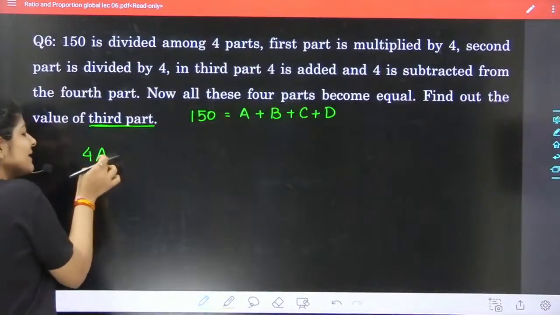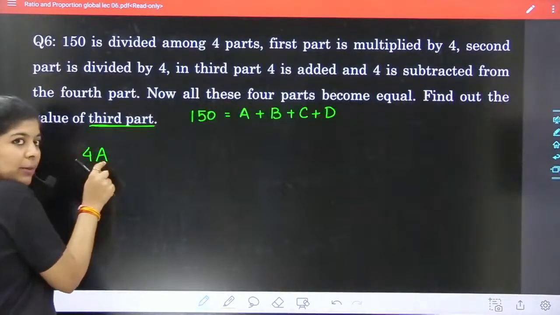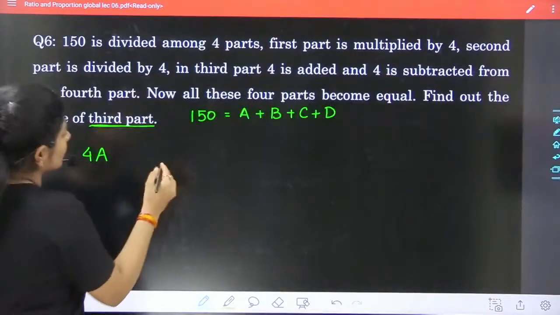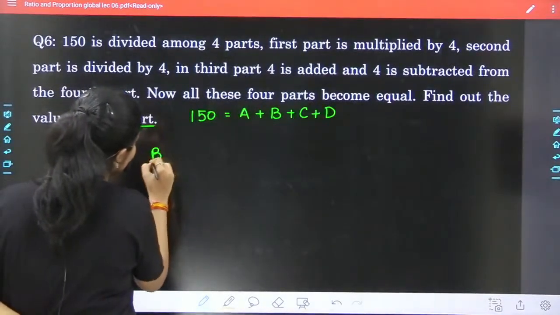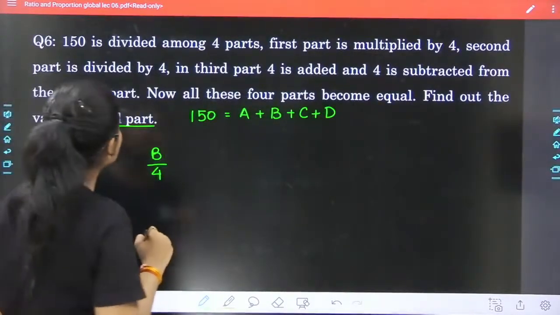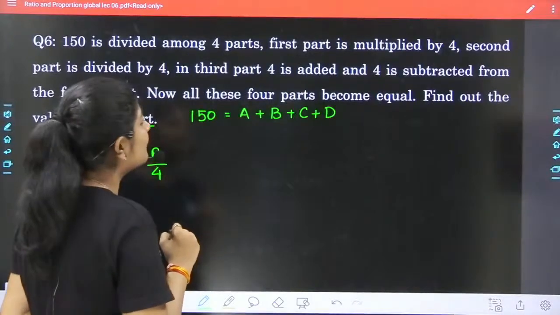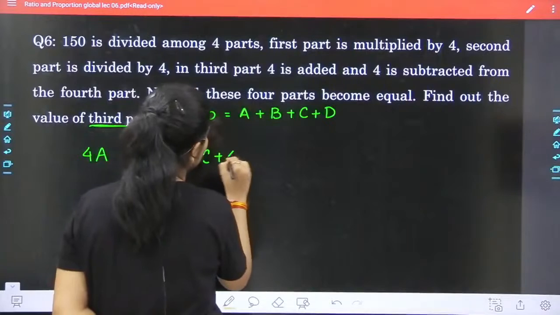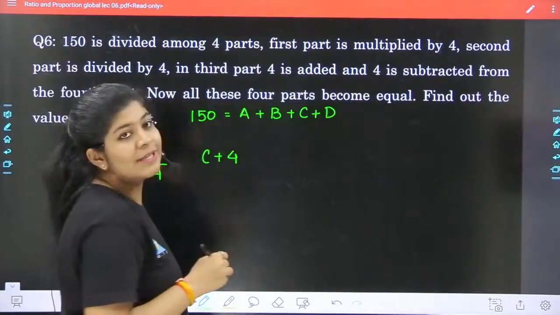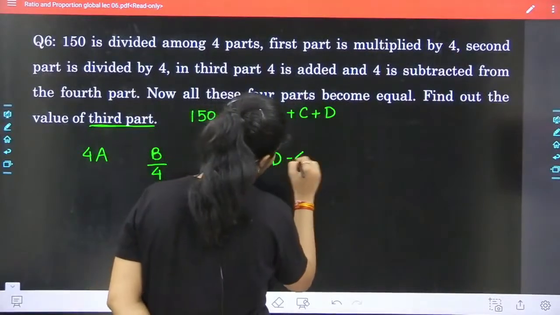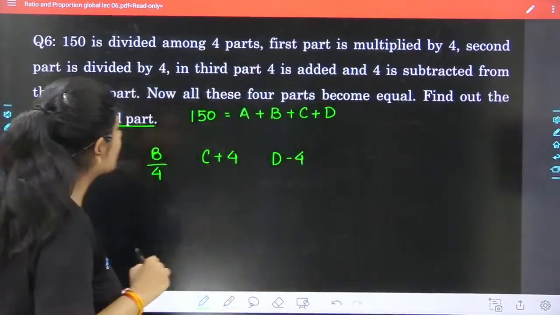The second part is divided by 4, so I simply divided my second part by 4. Let's see, Sham. In the third part, 4 is added, so I simply added 4 in my third part. And 4 is subtracted from the fourth part, so I simply subtracted 4 from the fourth part.